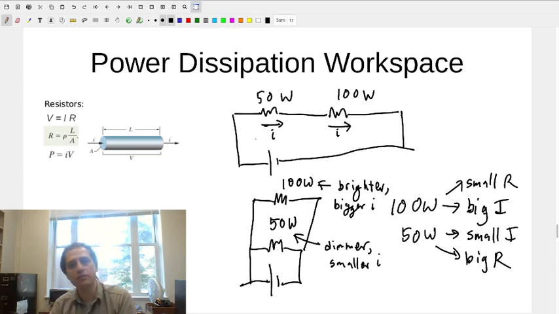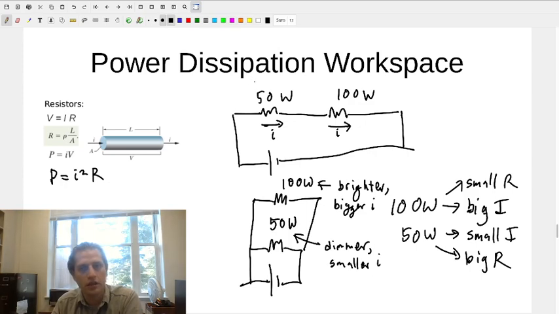And if you have the same current going through each of your circuit elements, then the situation's a little different, because then you have, for instance, P equals I squared R. So if you have the same I, the one with the bigger resistance is going to have the bigger power. Bigger resistance is bigger power.